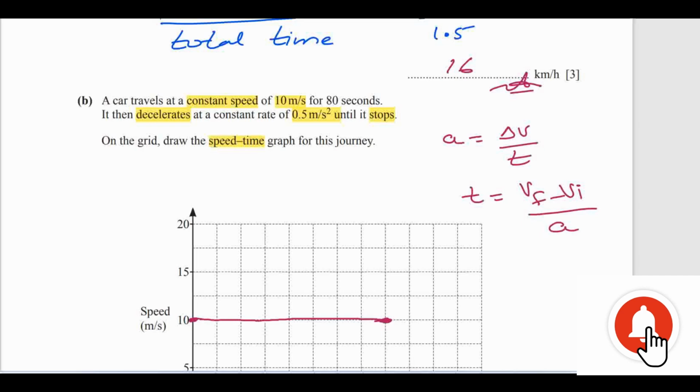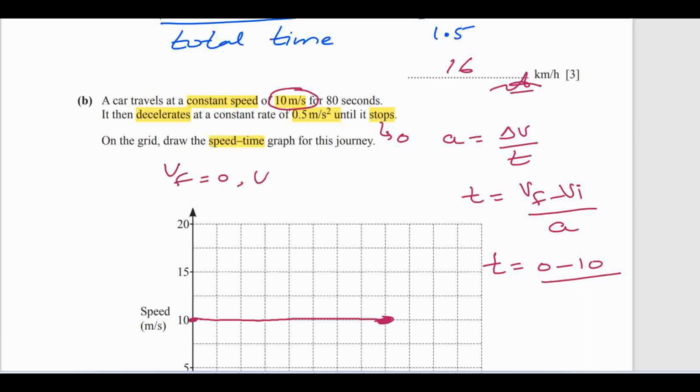Now Vf will be equal to what? Vf will be equal to 0 and Vi will be equal to 10 meters per second, because from here we can tell we are drawing the graph from this point onward. So t will be equal to 0 minus 10 divided by, because from here we see that Vf is equal to 0, Vi is equal to 10 and acceleration is equal to negative 0.5.